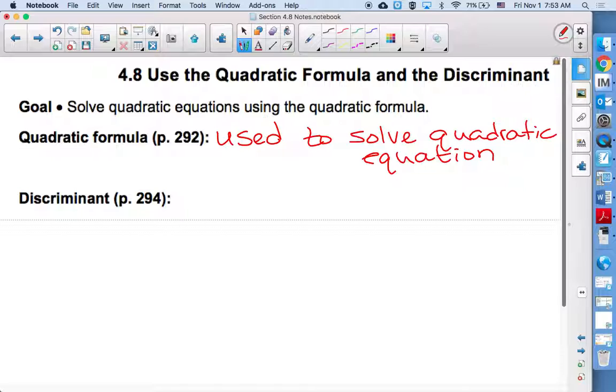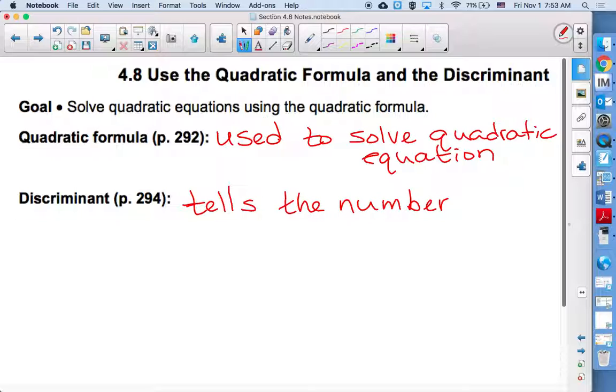The discriminant is a little piece of the quadratic formula, and it tells us how many solutions a quadratic equation has. So the discriminant tells the number of solutions, or remember, a solution is an answer.